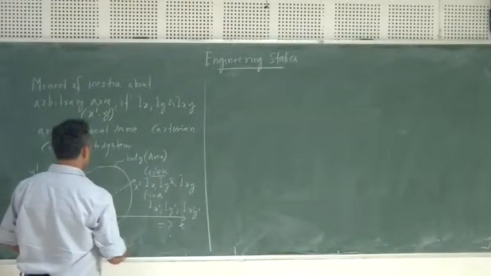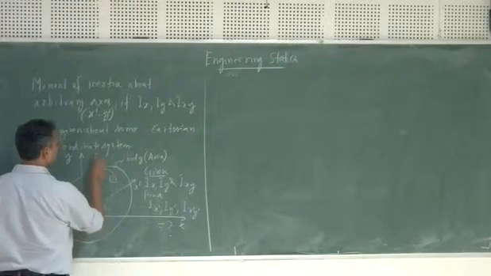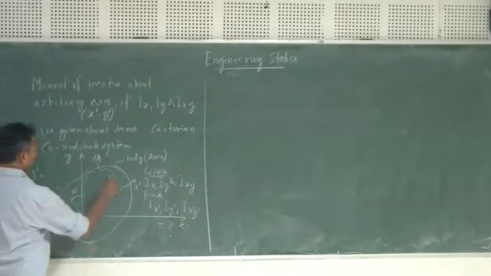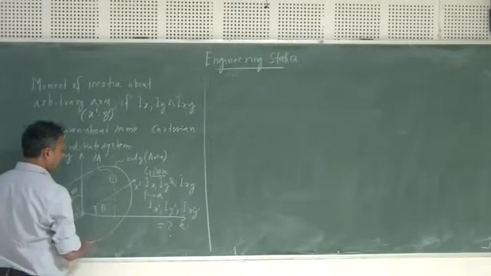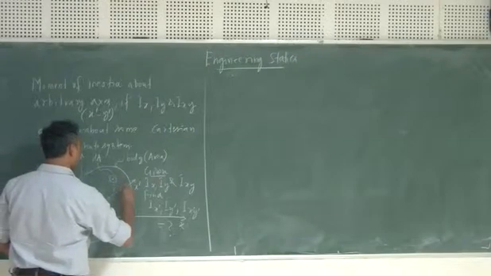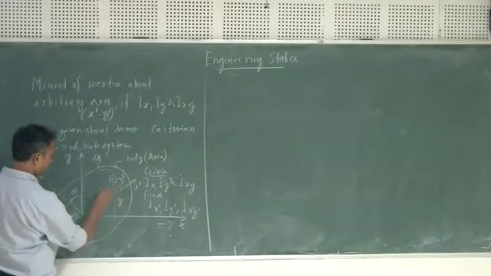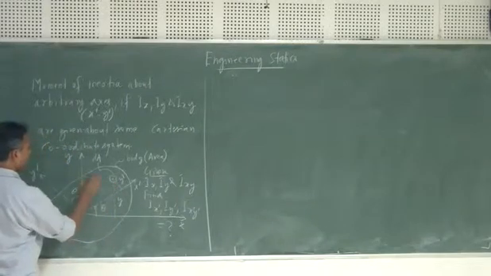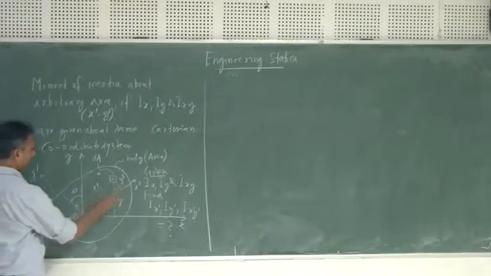So if we take some particular area, let's say this is your dA, and this is your y dash, this is your x dash.